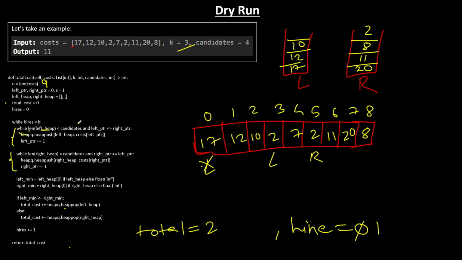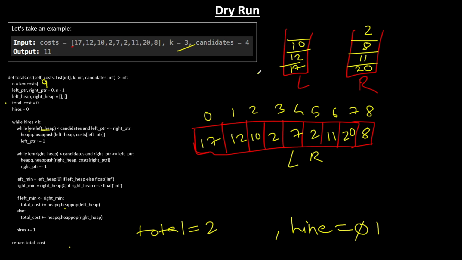Fine. Now if you could see the first while loop, the length of the left heap is less than the candidates, right? It is, because it is 3 and it should be 4. So what happens? And left pointer is also less than the right pointer. So what we do is, the left pointer will increase and it will come to index number 4.